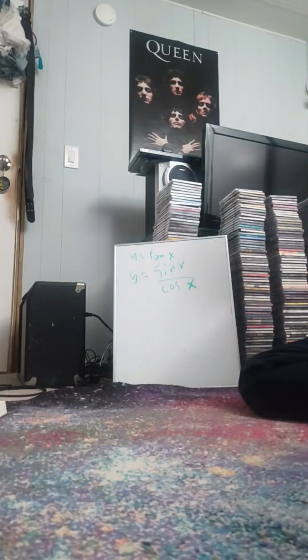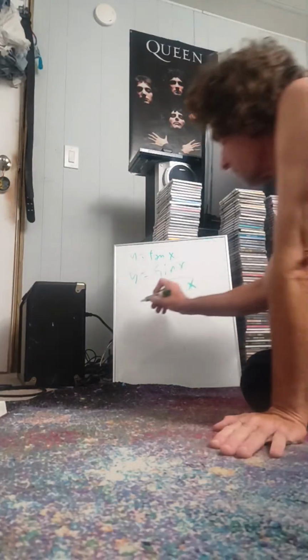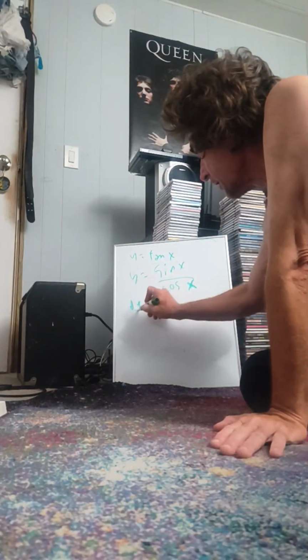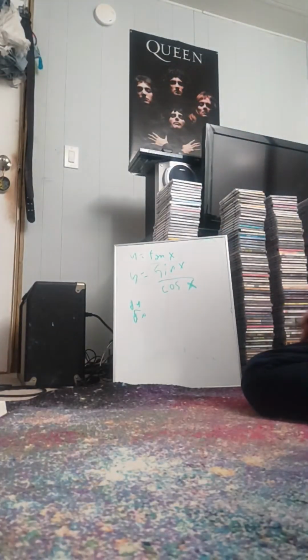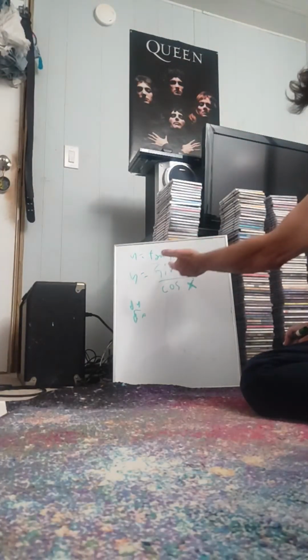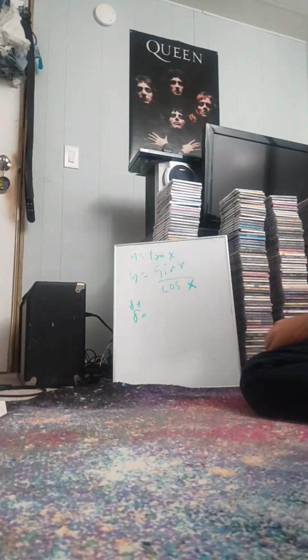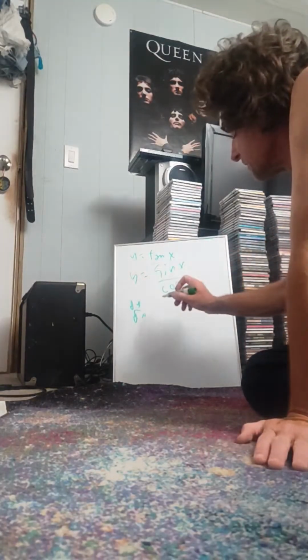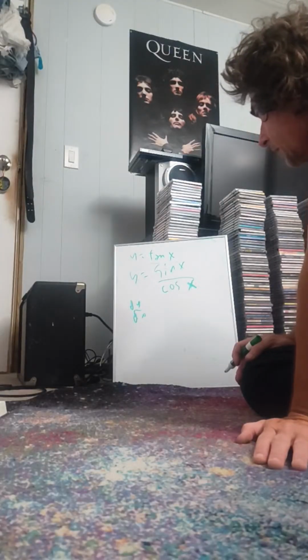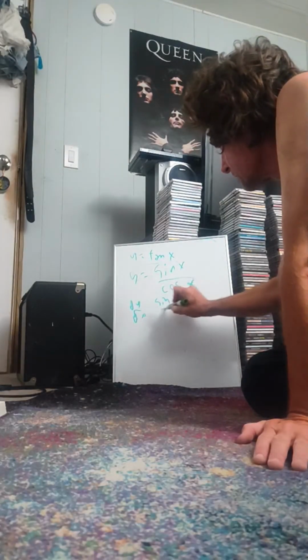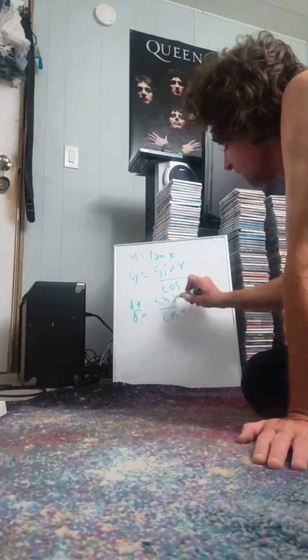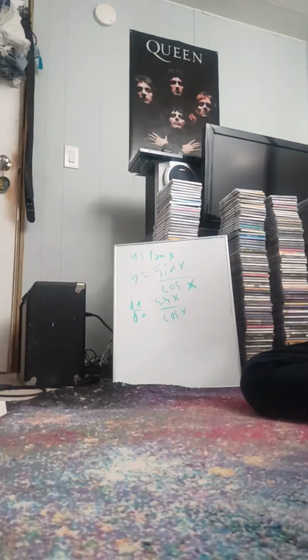So we want the derivative: what is dy/dx? What's the derivative of the tangent? Well, since the tangent of x is sine x over cosine x, we want dy/dx of sine x over cosine x. What is that? That's our question.